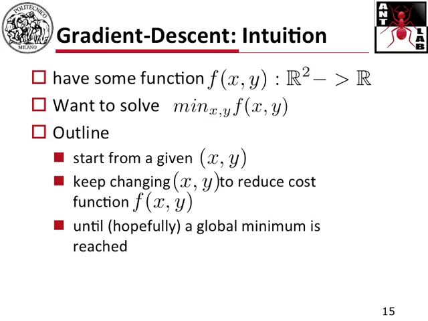And how to do that is basically, starting from this x and y, keep changing x and y such that each change reduces the value of the function f(x, y). And then you have a loop here, and you continue until hopefully you reach a global minimum, until you reach the value of f(x, y) which is the minimum one.